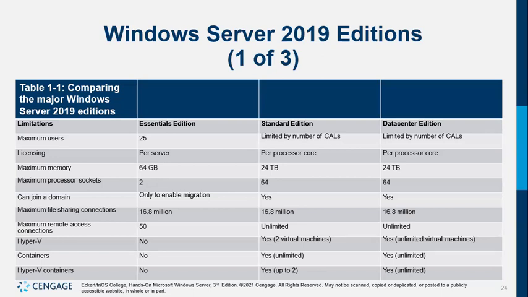Standard Edition, which is kind of that mid-tier, and then Datacenter, which provides you all of the functionality. With each of these editions, you're basically licensing more features. With that, each of the editions obviously is going to cost more as you go from left to right on this list.